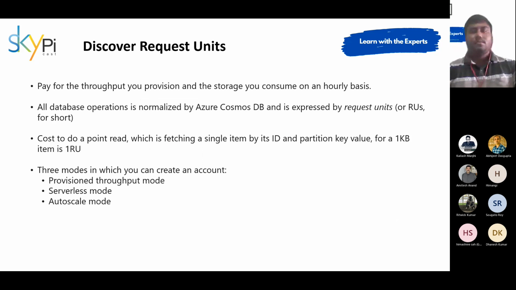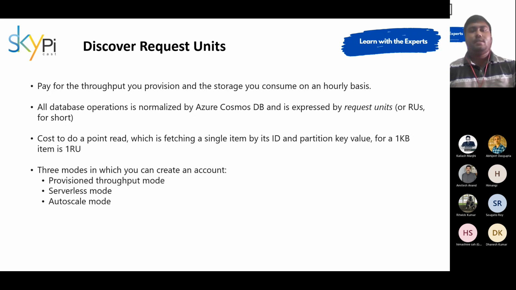Then comes the main part, which is discovering request units. So a request unit is a token inside Azure Cosmos DB. By token, we mean that this is how Azure measures how much resource has to be allocated.